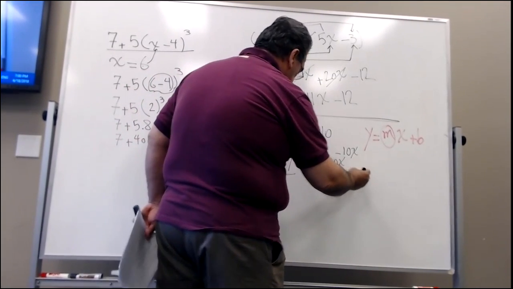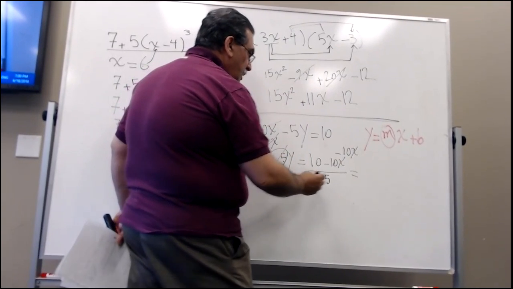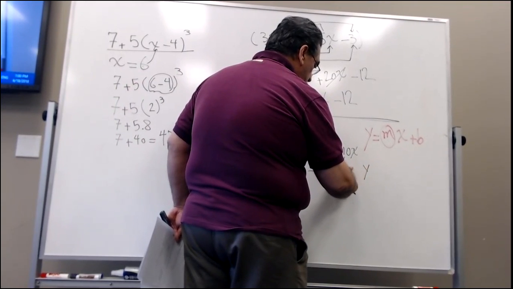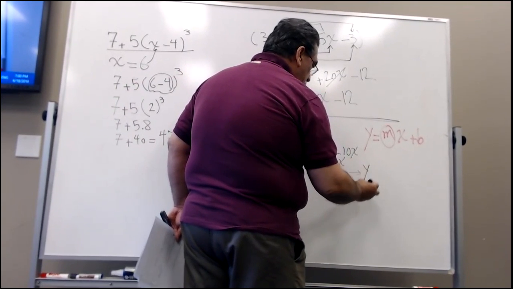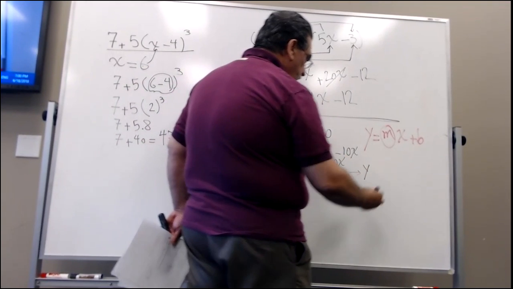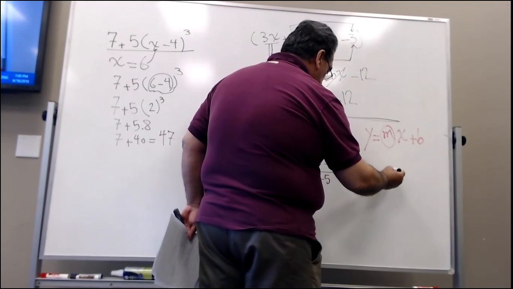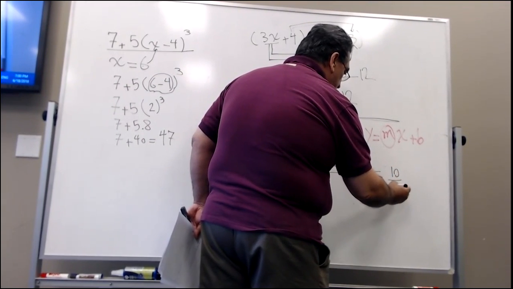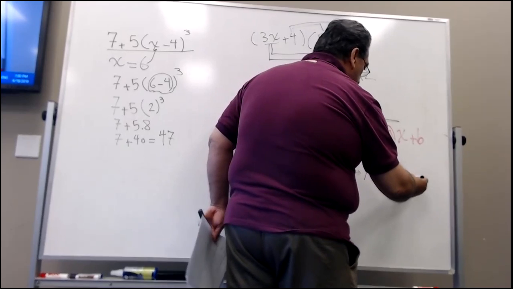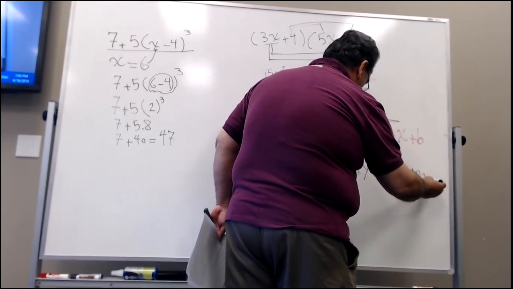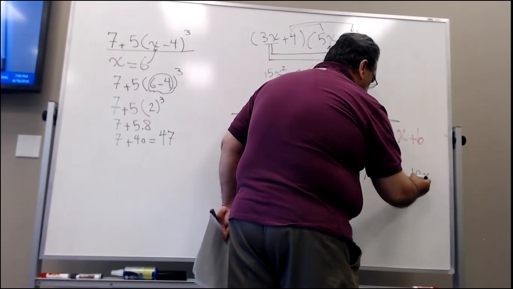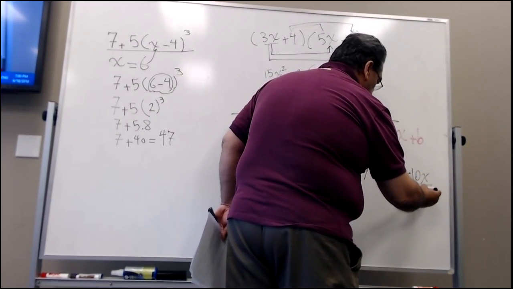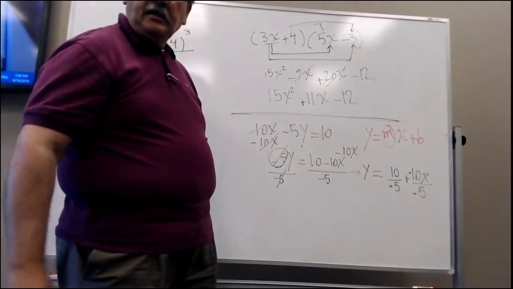So these two cancel, and I get y is equal to 10 over minus 5, plus minus 10x over minus 5. You follow that?